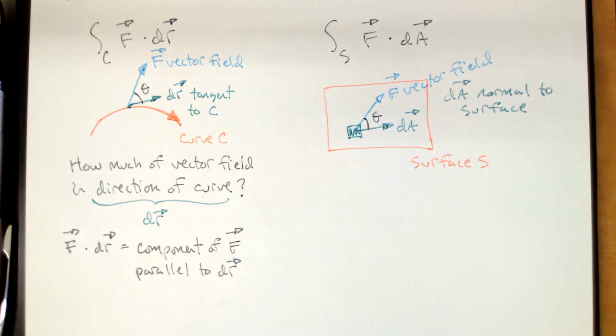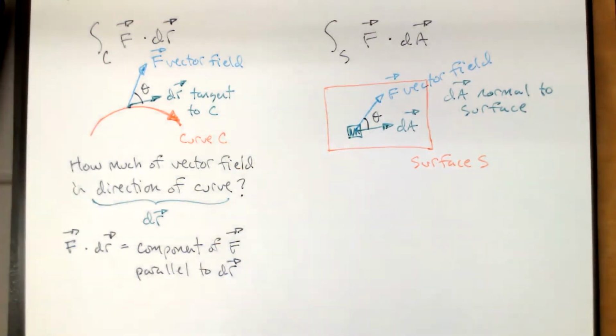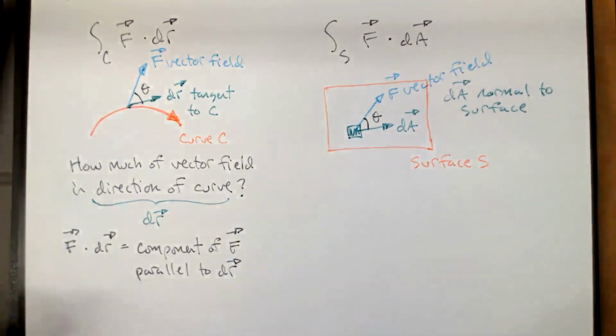In a surface integral, we are making the same calculation. But instead of the direction of the curve, we're going to have the normal to the surface. How much of the vector field is flowing through the surface?